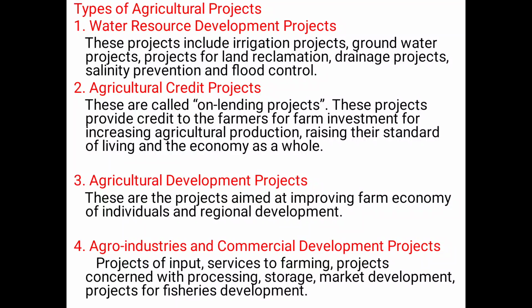The next one is the agricultural development project. The third type is the agricultural development project. These are projects aimed to improve the farm economy of individuals and regional development. In this type of project, we can increase the economy of the farm or regional area.